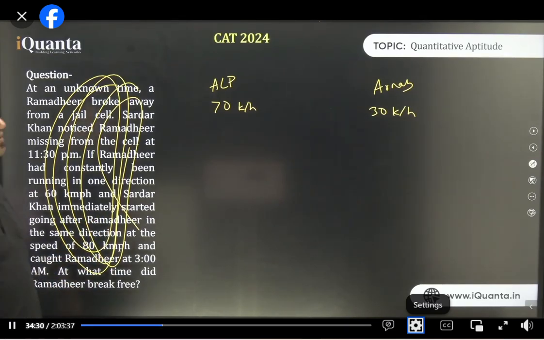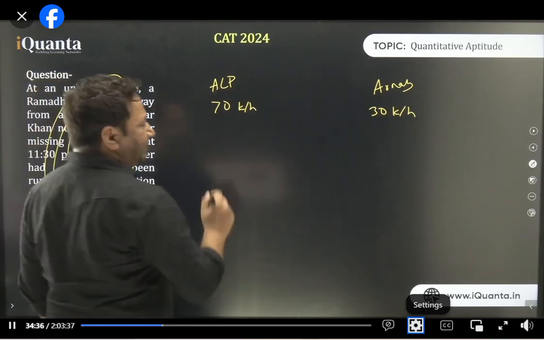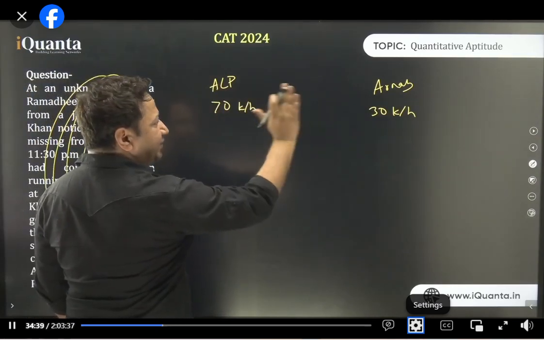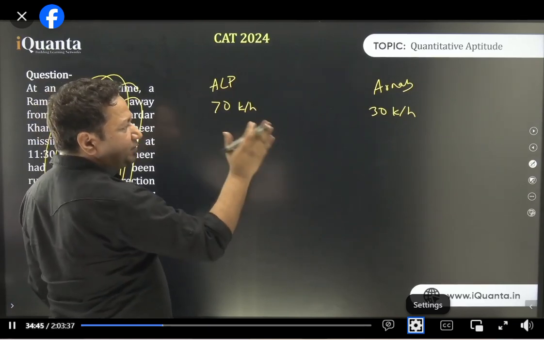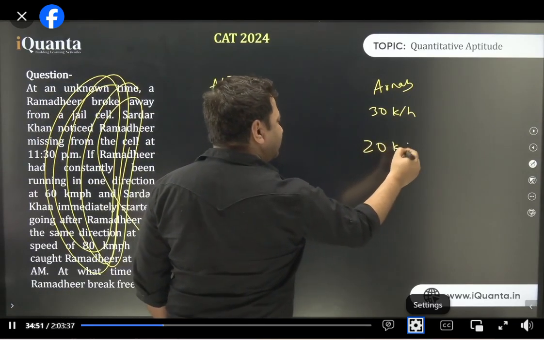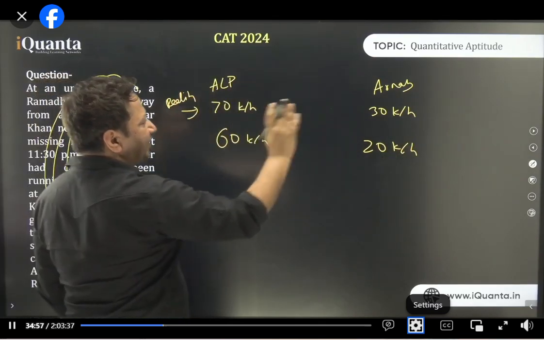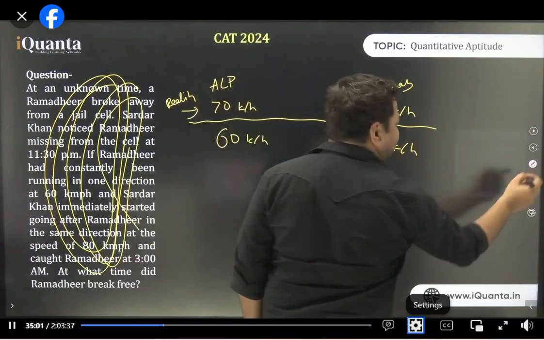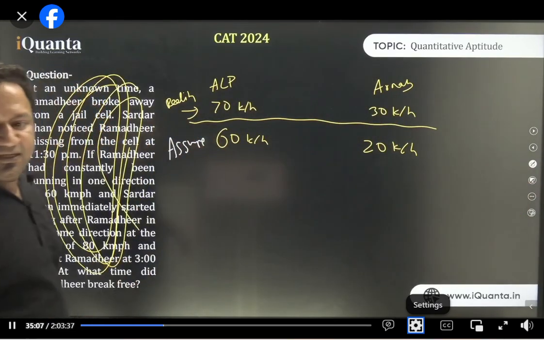What is the exact meaning or significance of relative speed? See, I am traveling at 70, Arnab at 30, in the same direction. Can I say the relative speed will be equal if I travel at 60 and Arnab travels at 20? See, the reality is I am traveling at 70 and Arnab at 30. Everything else can be assumed.